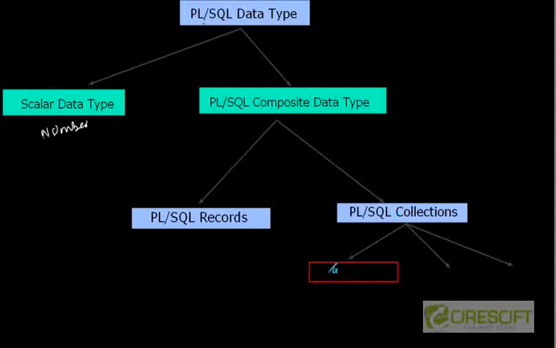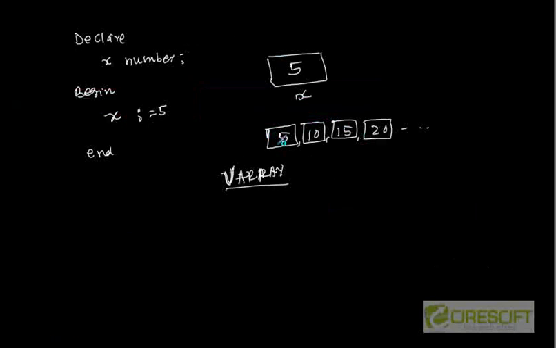In this collection we are going to focus mostly on VARRAY, so you will understand what VARRAY is and how it helps us in dealing with the problem where we need to store multiple elements.